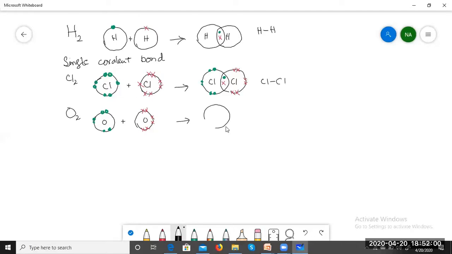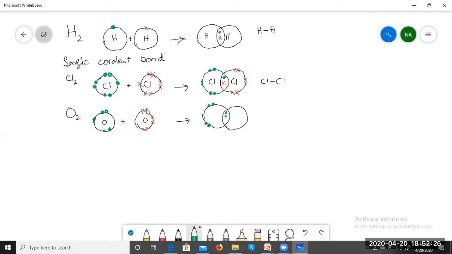Now we are going to draw the valence shells overlapping each other. Each one will be sharing 2 electrons. 2 electrons from this oxygen atom. And how many electrons are left? These 2 are going on sharing. How many are left? 6 minus 2, so 4. The 4 electrons will remain out of that overlapped area.